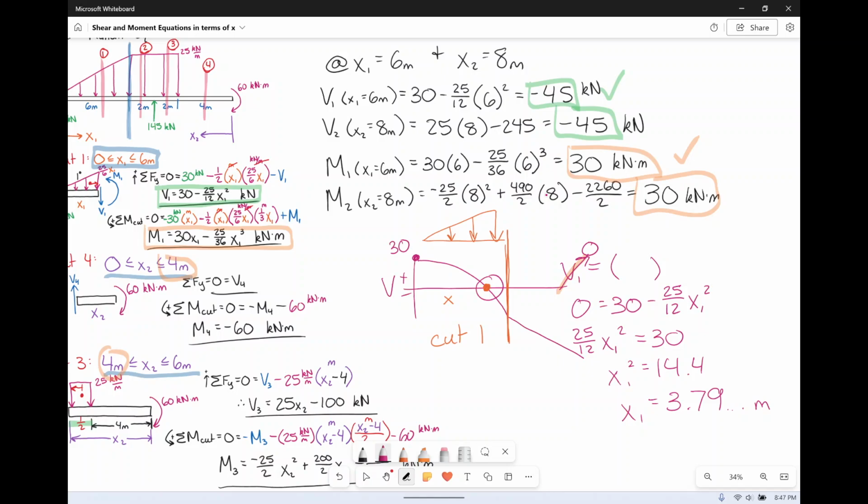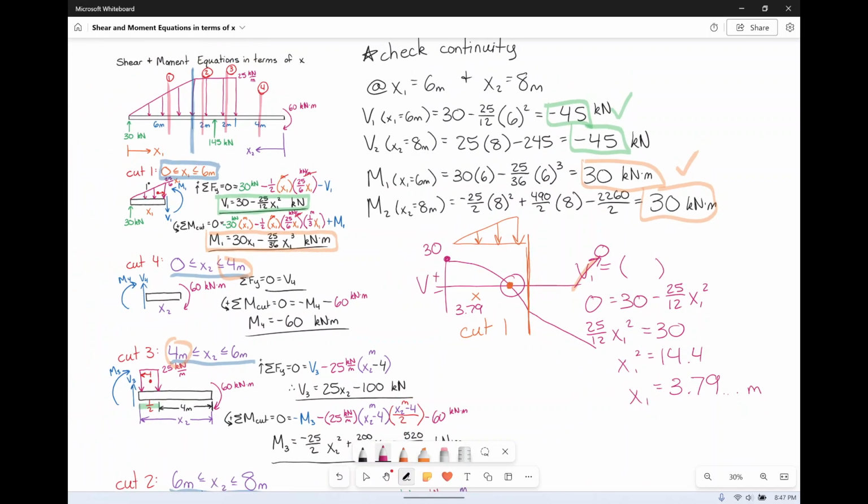But now that you have x1 equal to 3.79 something meters, now you can actually take the area under the curve and plot the moment diagram. So whereas these might not seem fun, and graphically you might be thinking, who in their right mind is actually going to draw this graphically? There is a reason for it.